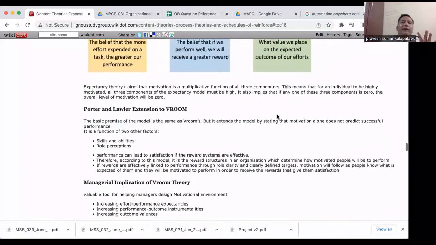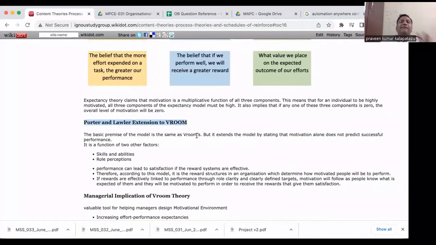Now Porter and Lawler improvised this Vroom theory. He said, I'll tell this Vroom theory in a better way. Yes, performance actually leads to satisfaction, and the reward system is effective. Basically, we know that if I perform well, I'm going to be rewarded. But in order to perform better, there are factors like skills and abilities, and also role perception.